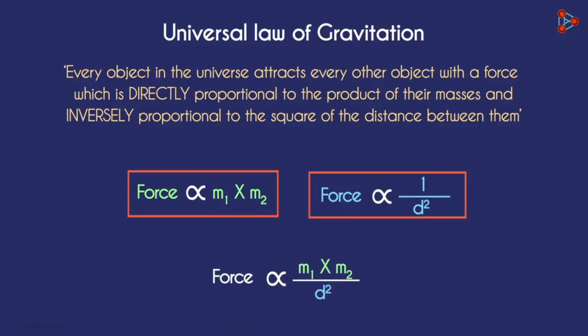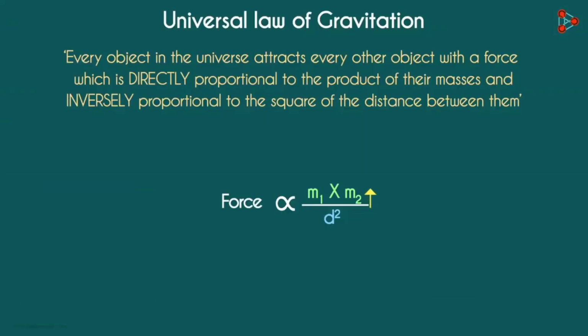So if the mass of any of the objects increases, the gravitational force will have more magnitude. And the more the distance between the two objects, the lesser will be the gravitational force.